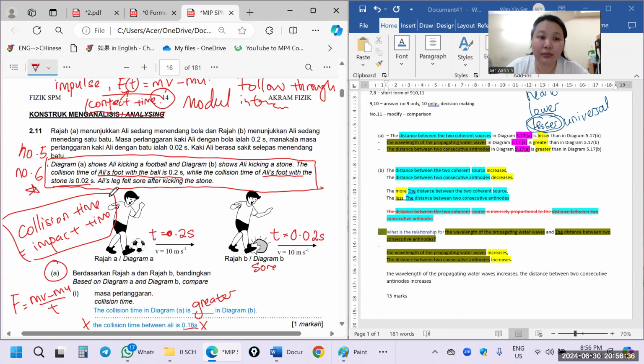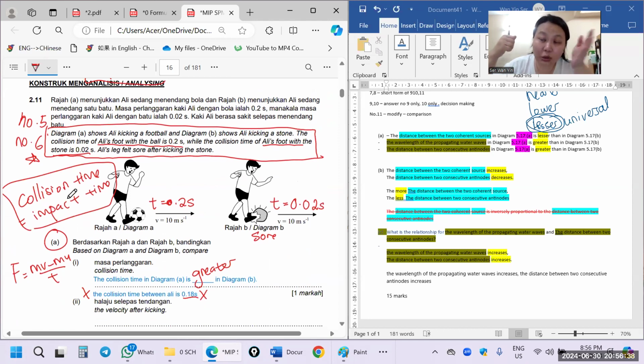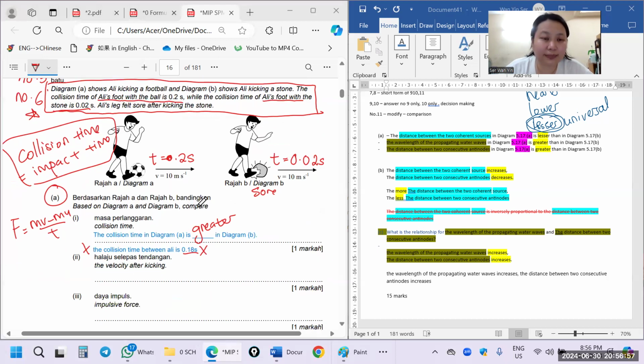But impact time is from when you hit until it stops. Totally two different things. All right. You understand very good.